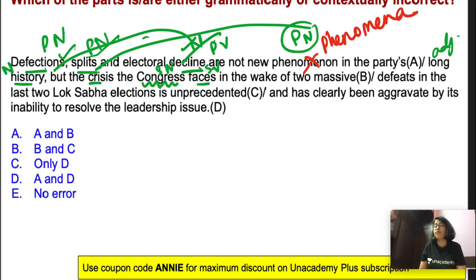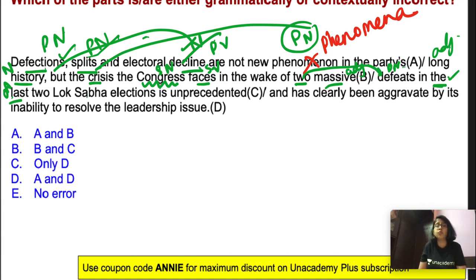In the wake of means as a consequence or as a result of two massive defeats. So two plus plural noun, defeats is plural noun, massive is an adjective. In the last two, so last is an ordinal adjective denoting an order. First, second, third, fourth, last, these are ordinal adjectives, and before ordinal adjectives the is used. So this is correct.